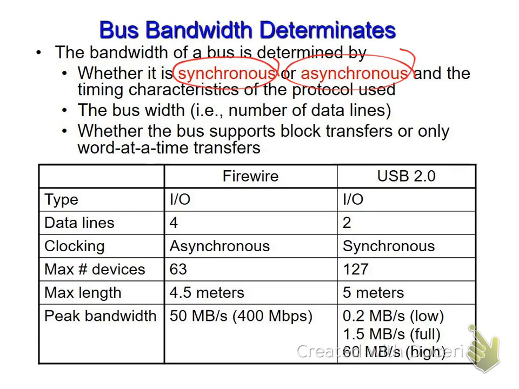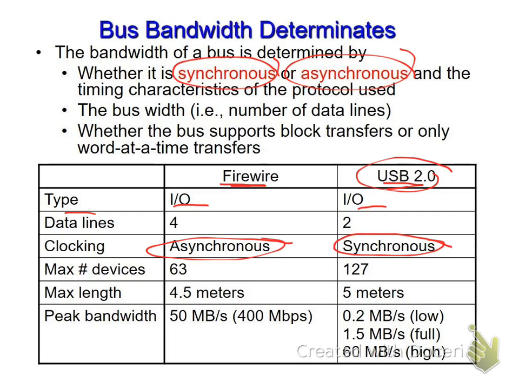If there is no clock, it will be asynchronous, and we will see the details of how I can interface in asynchronous between two buses, as we will explain shortly. So if we look at FireWire or USB: the USB, for your reference, is synchronous. The FireWire will be asynchronous.